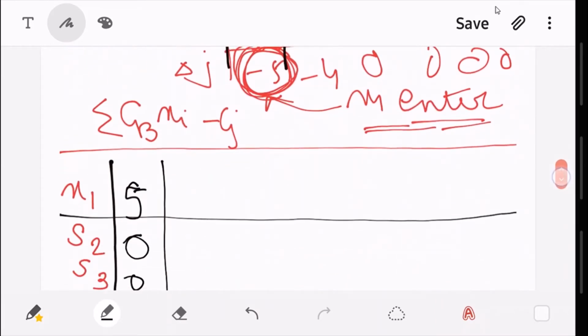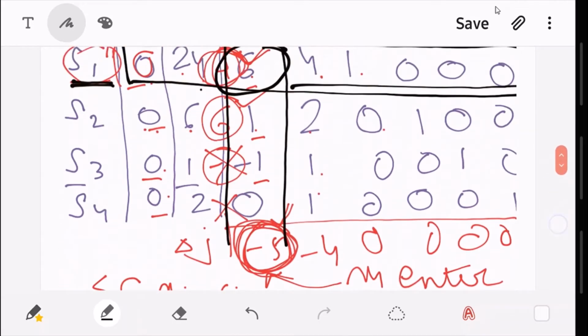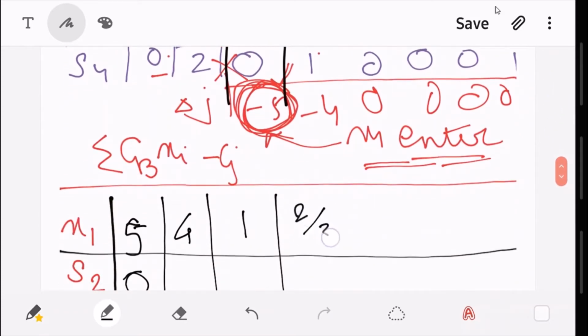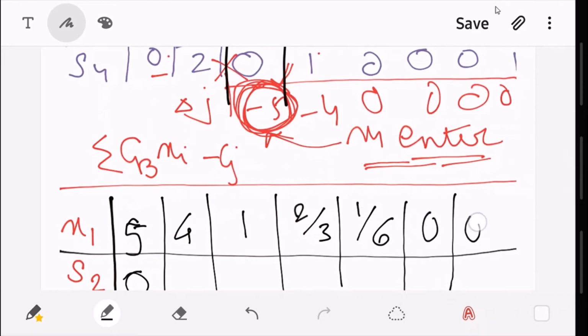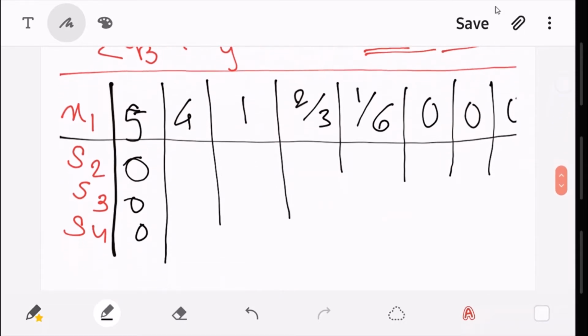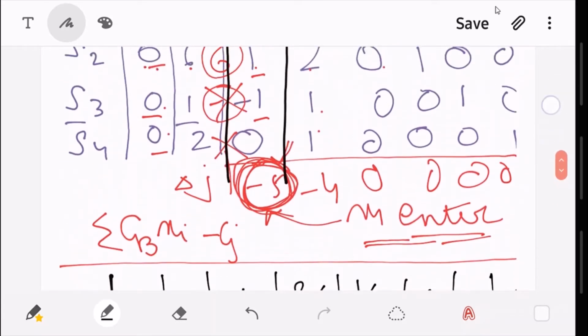That is 24 by 6 is 4, 6 by 6 is 1, then 4 by 6 is 2 by 3, then 1 by 6, and then 0, 0, 0. That is only for the leaving row.